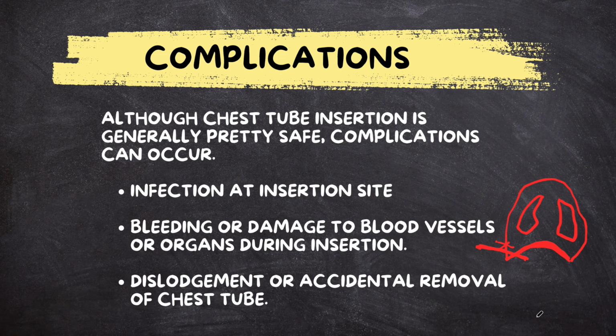Just a little interesting tidbit. When you're feeling for placement for insertion, they're going in between the ribs. Interesting to me, on the underside of each of your ribs, you've got venous vessels, arterial vessels, and nerves, and they all run underneath the rib.